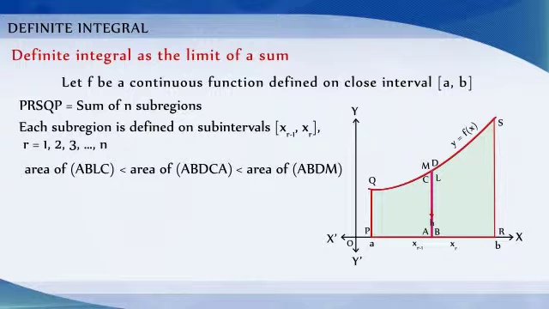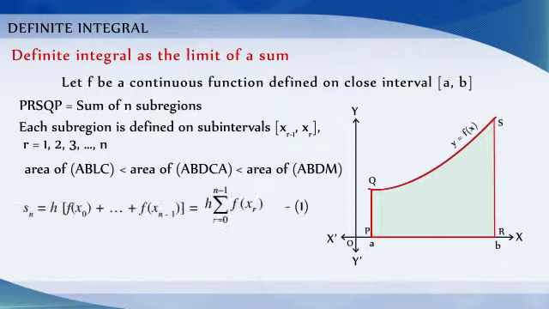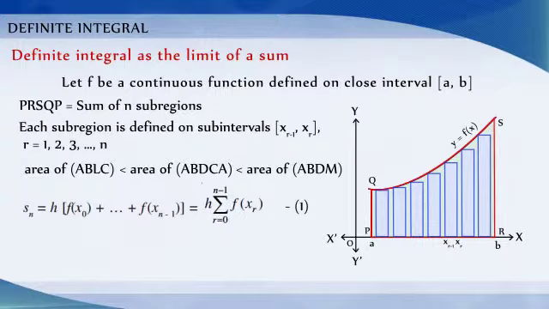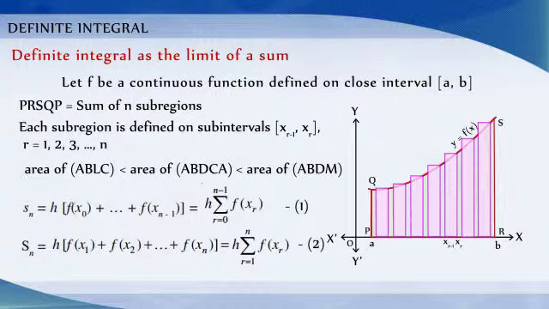Now, we form the following sums. Small sn is equal to h into f of x0 plus etc. plus f of xn minus 1, which is equal to h into sigma r is equal to 0 to n minus 1 f of xr, and capital Sn is equal to h into f of x1 plus f of x2 plus etc. plus f of xn, which is equal to h into sigma r is equal to 1 to n f of xr.